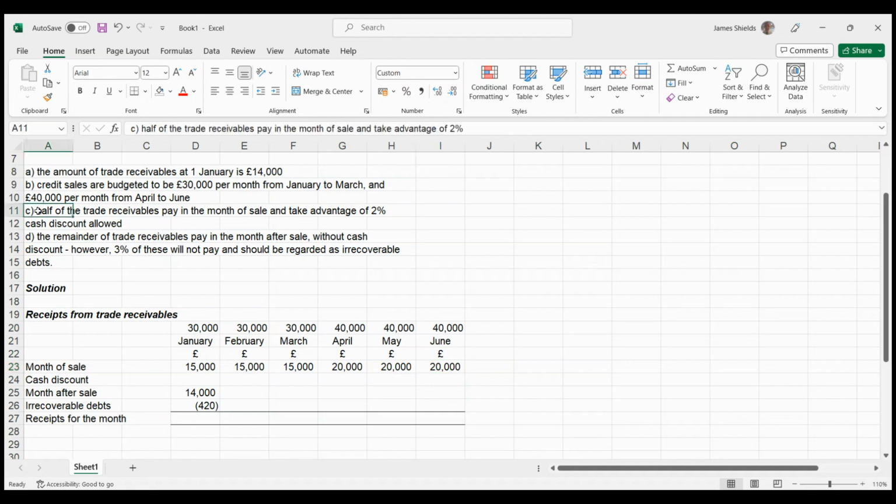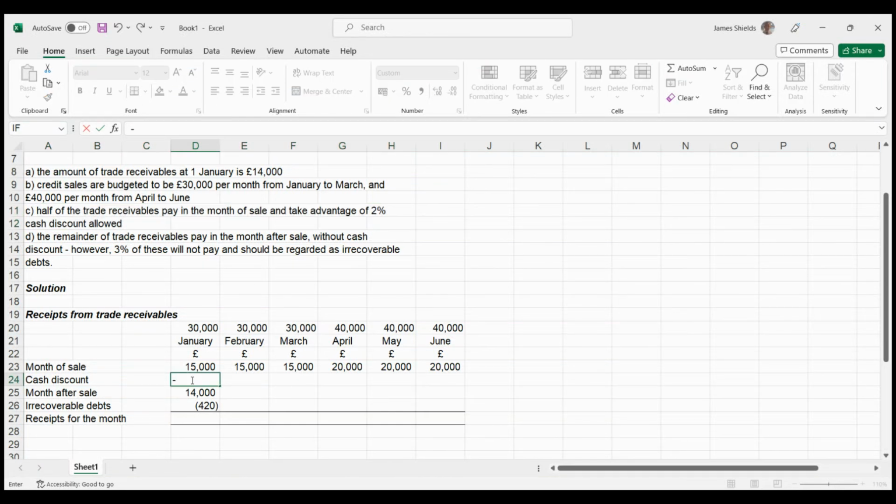Now we're told that of them, 2% will take a cash discount allowed. So we'll work out 2% now. 2% of 15,000 is £300. They're going to receive a cash discount of £300, so they're not going to pay the full 15,000. They're going to take away 300 and pay 14,700.